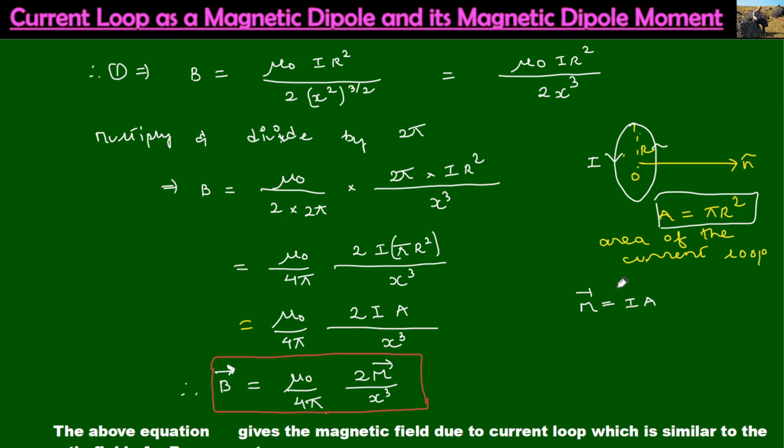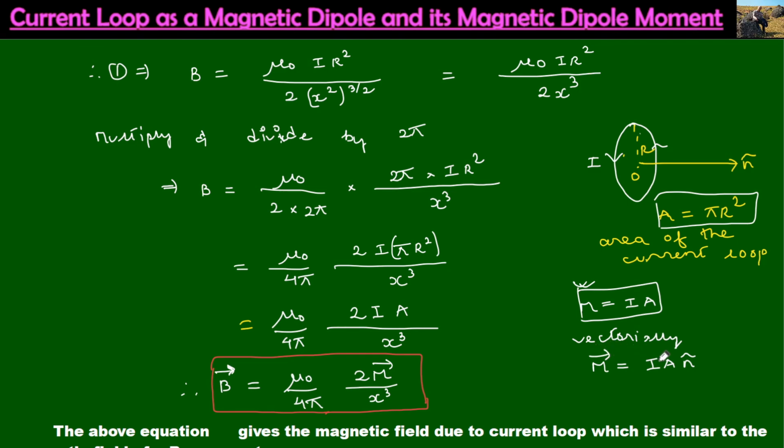So in magnitude, m will be equal to IA, but keep in mind that this m is a vector quantity. So vectorially, this magnetic moment can be written in this form: m equals IA with the n cap, which is the direction of the area element.